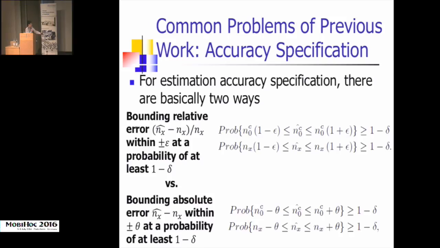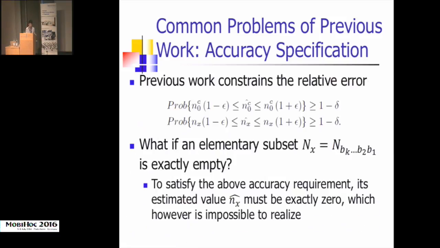And the other way is to bound the absolute error within a bound like theta. For this example, it bounds the relative estimation error within epsilon, at a probability of at least 1 minus delta. These are two basic ways to specify estimation error.